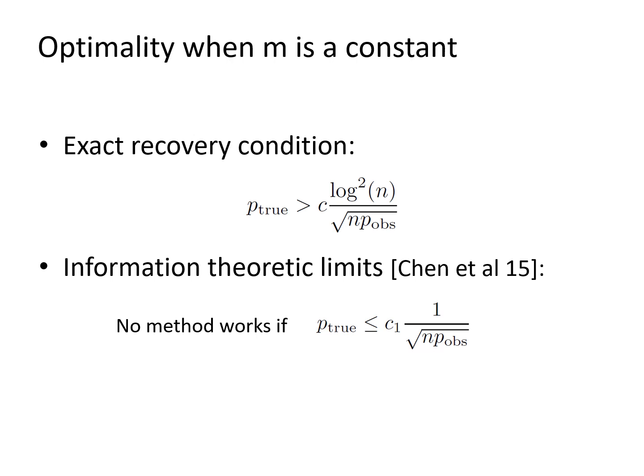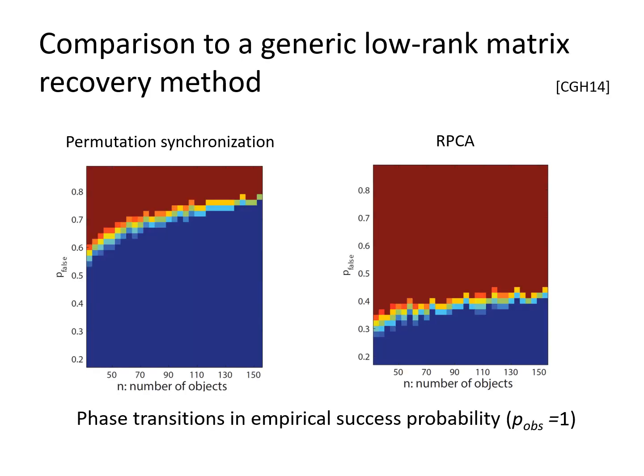One can show that no method works if p2 is smaller than a constant divided by the square root of n. So this is called a near optimal algorithm.